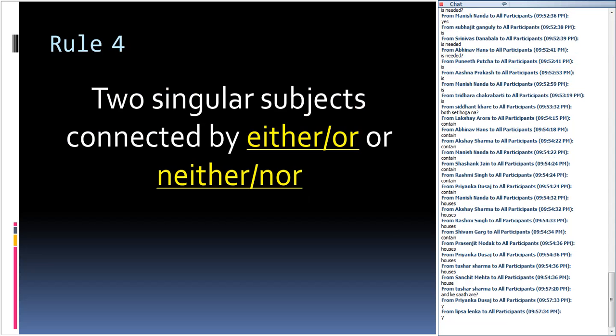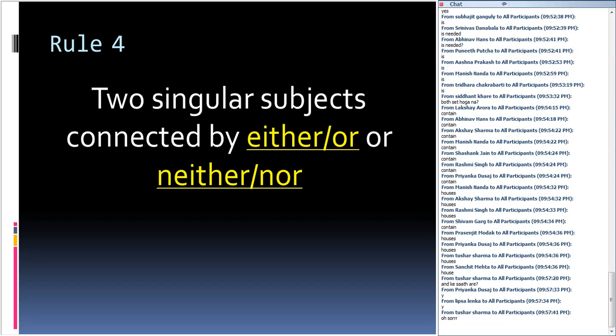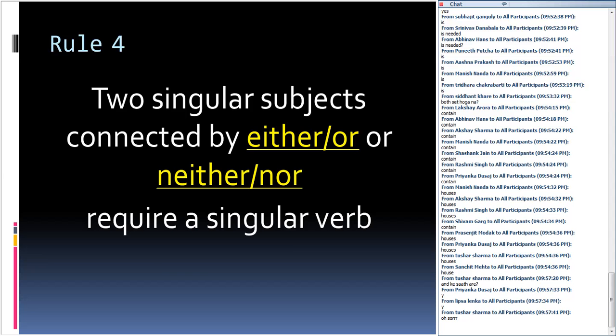Okay. Rule number 4. If there are two singular subjects and they are connected with the words either or, or neither nor, then also you will require a singular verb. Two singular subjects connected by words either or, or neither nor, will require a singular verb.